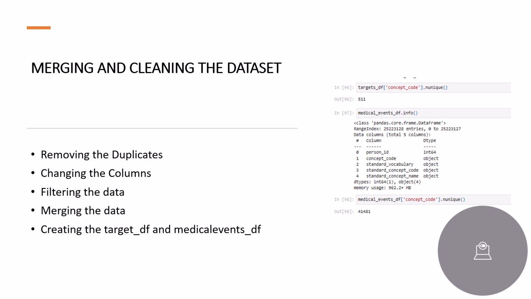After that, we merged all the data, including the demographics, antidepressant history, and diagnosis, into one structure. Finally, we created two key data frames: target_df, which consists of the outcome variable, and medication_events_df, which holds all the clinical events such as standardized concept codes. These were essential for conducting our likelihood ratio analysis effectively and accurately.